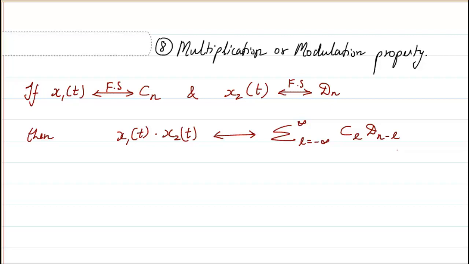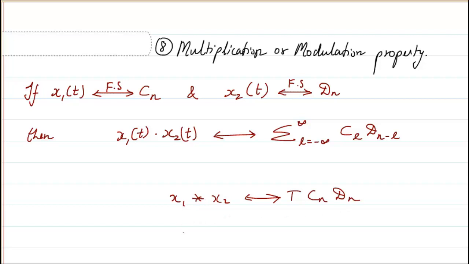So you can see in the previous property, in time domain when you were convolving, in frequency domain it became multiplication, correct? That means if you convolved x1 with x2, in the frequency domain you got T into cn into dn.